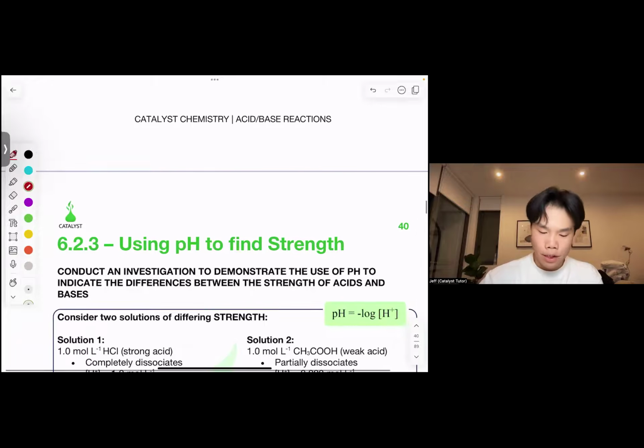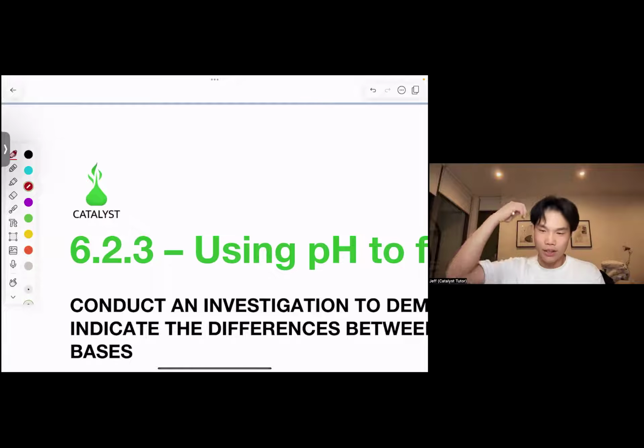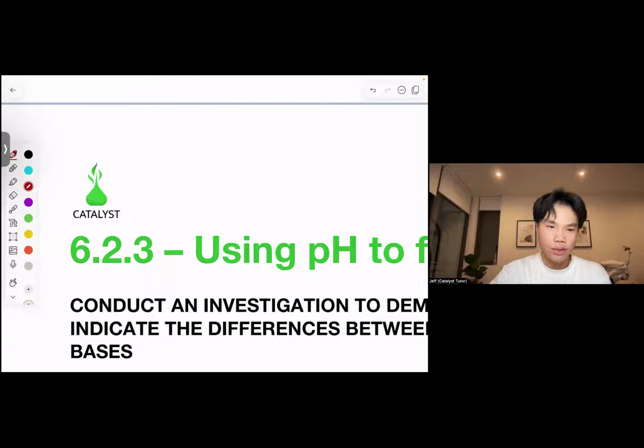Now, if I have a low pH, is my acid strong? Answer yes, no. If I have a low pH, say my pH is 1, is my acid necessarily strong?